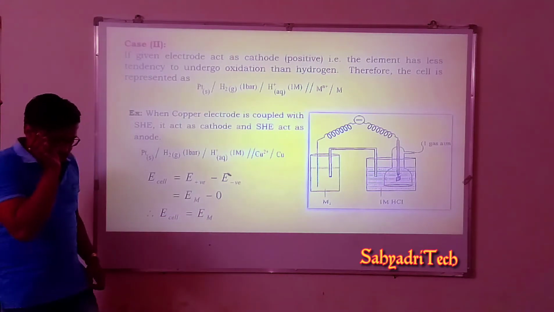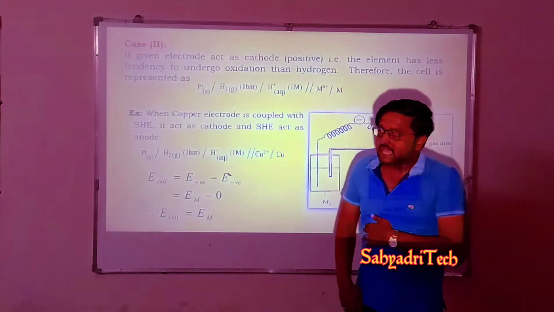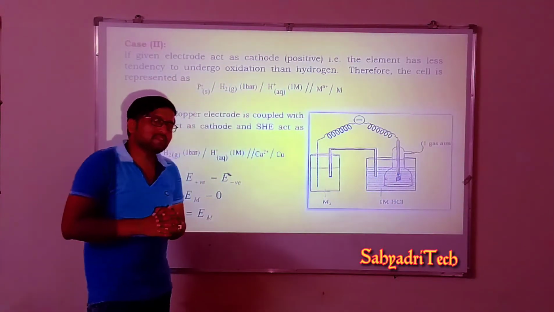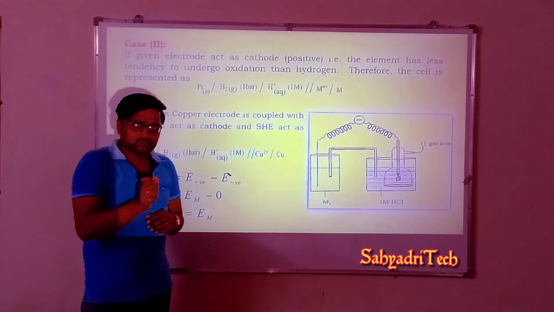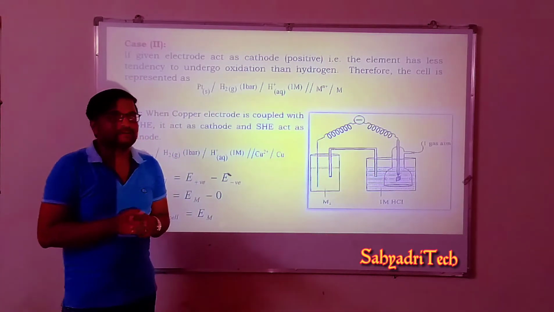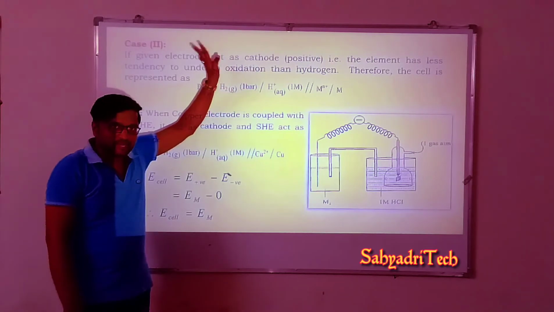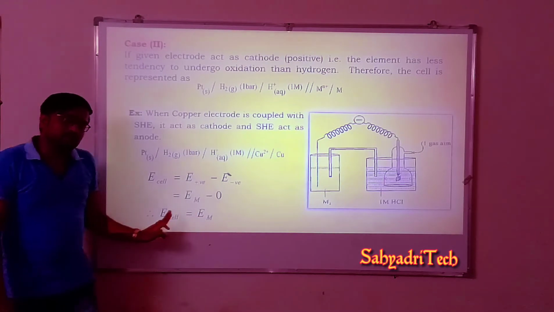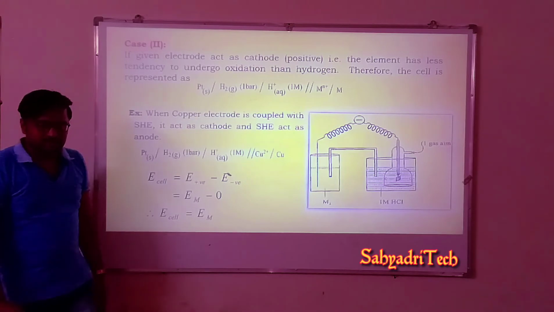So I make it clear: if the given electrode acts as an anode, then its electrode potential is equal to minus the cell potential. On the other hand, if the given electrode acts as a cathode, then its electrode potential is equal to plus the cell potential itself. I hope it is clear for you.